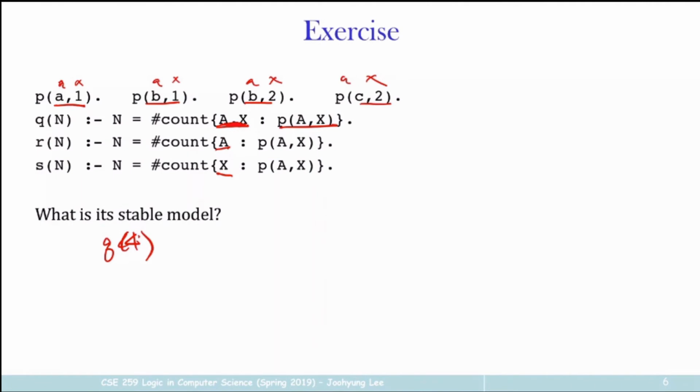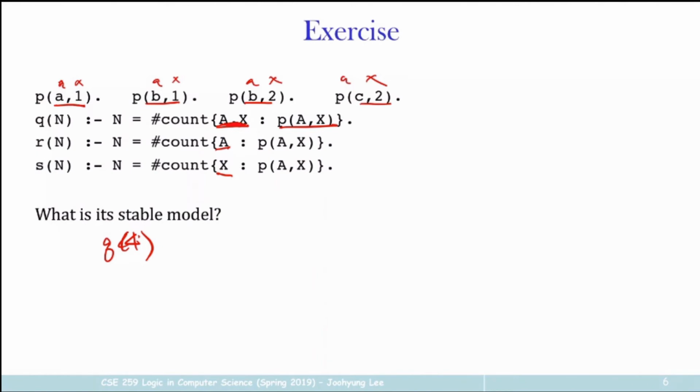But what about R of n? In the case of R of n, we are counting the distinct A as long as it has some X pair. So we are counting how many A's are there such that it has some X such that P of AX is true.